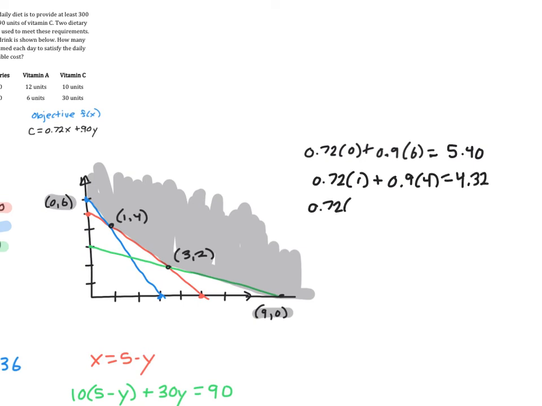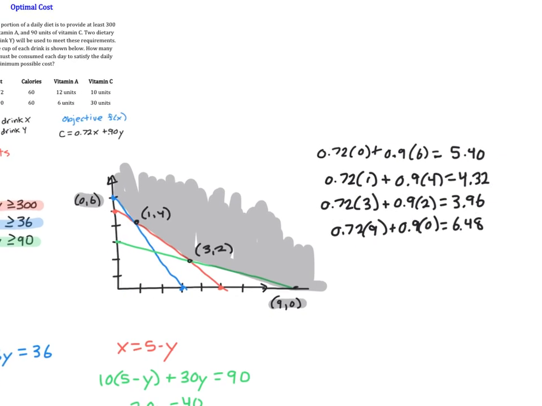Now we're going to test the coordinate 3, 2, giving us a cost of $3.96. And then let's check our last coordinate at 9, 0. And that gives us $6.48 of cost.